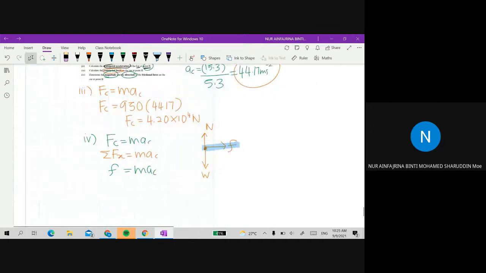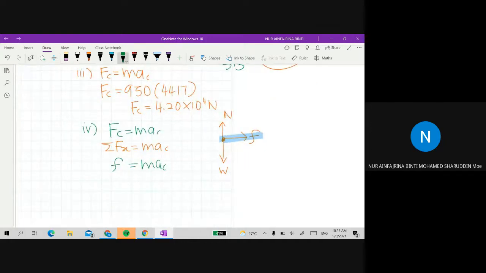Therefore, awak boleh buat satu conclusion. Conclusionnya adalah summation of force in x component sama dengan centripetal force. Dan awak punya friction ini akan sama dengan centripetal force. Dan value dia adalah 4.2 times 10 to power of 4 Newton. Ini baru magnitude. Tetapi direction dia macam mana guys?